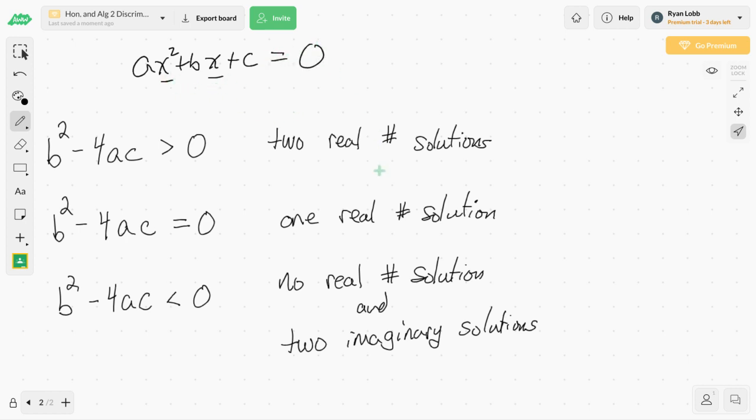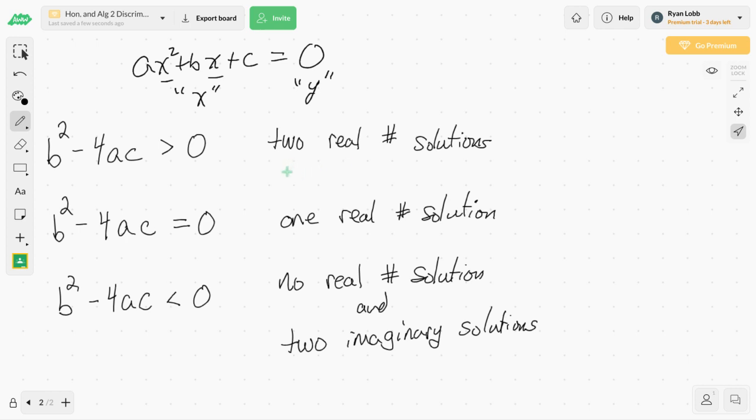I'm using my quadratic formula, everything's on one side equal to 0. So what x gives me a y value of 0? Y values of 0 are on the x-axis. So if we have two real number solutions, it means we have two values for x that will give y values of 0.